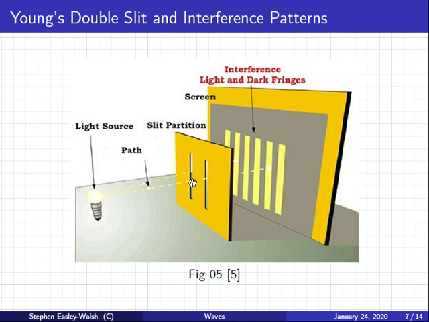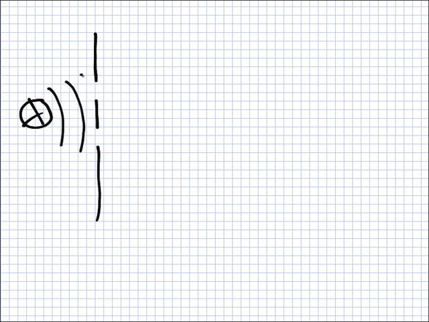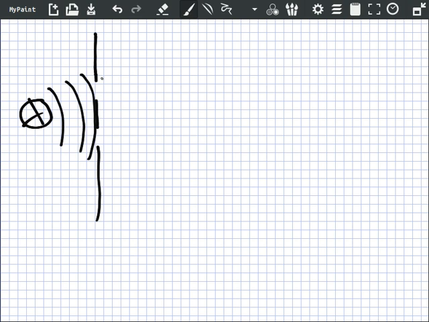Now the effect of doing that is, if you have a light source, the light wave comes out and it hits the slits, and then it makes two smaller waves that come out here.